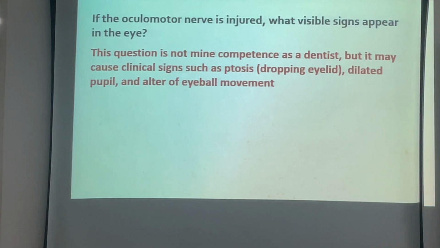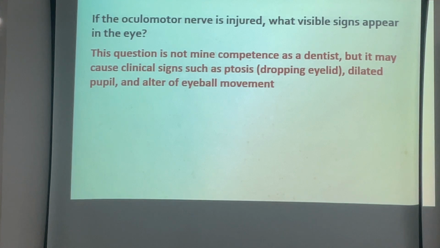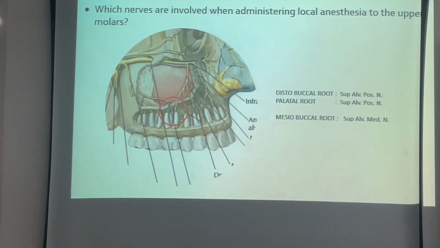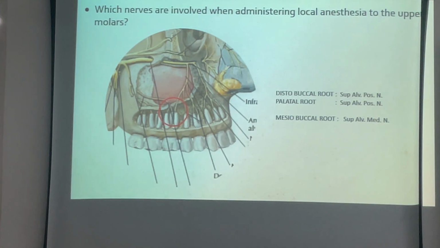The most common complication during tooth extraction is a sinus problem. You know the maxillary sinus, right? Sometimes the maxillary sinus is near the root. It's like this: this is the maxillary sinus, and this is the tooth.